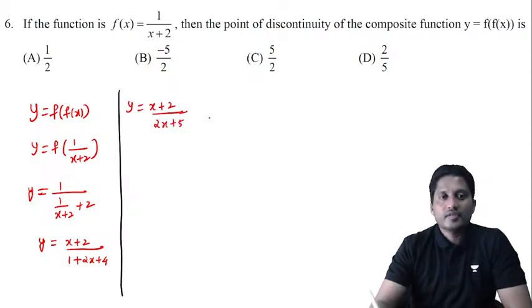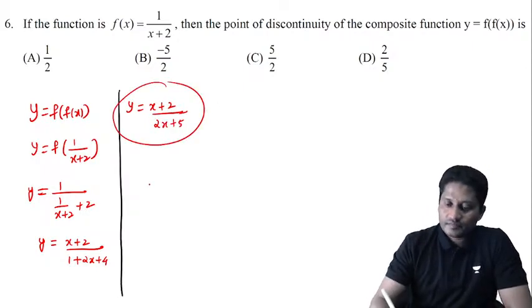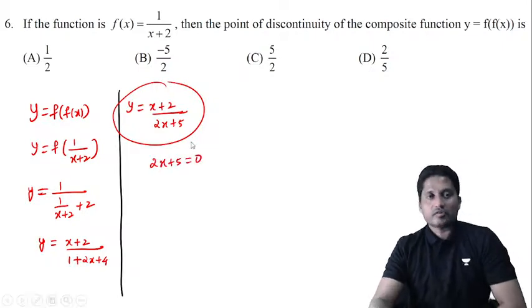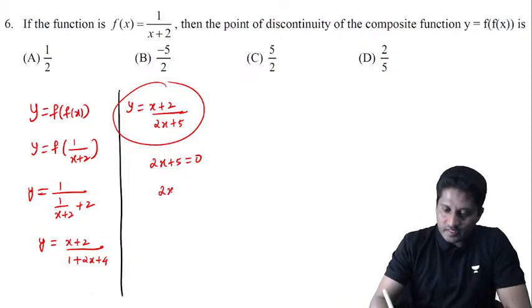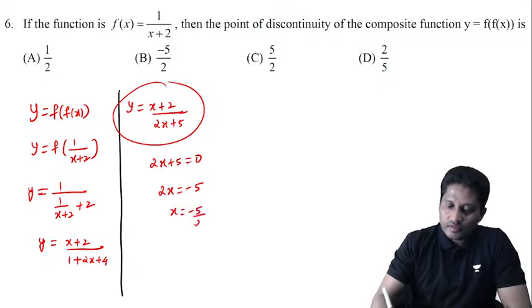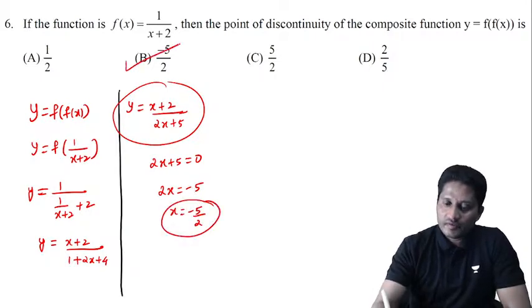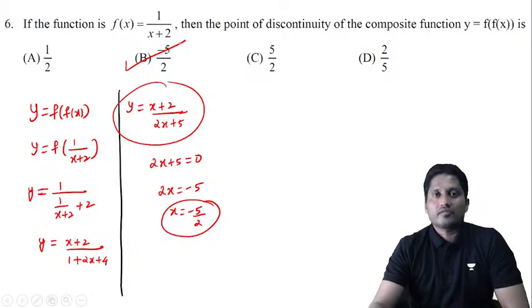This will be discontinuous when 2x plus 5 is equal to 0. Denominator 0 means this is not defined, so obviously it is discontinuous. 2x is equal to minus 5, x is equal to minus 5 by 2. So this is discontinuous when x is equal to minus 5 by 2.